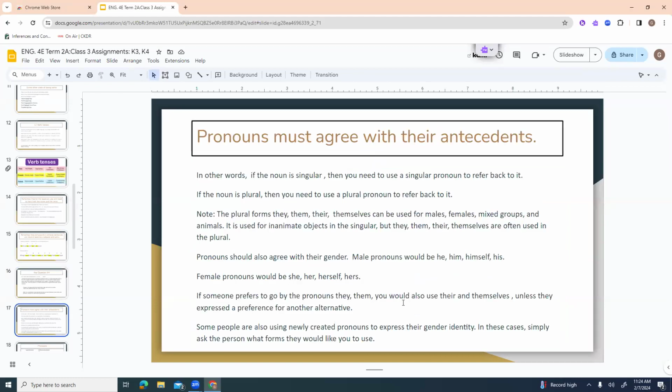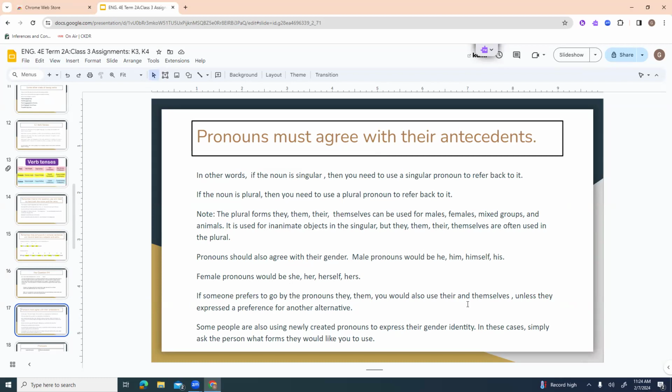All right. So what we were talking about, pronouns must agree or essentially be the same as their antecedents. So if a noun is singular, you need to use a singular pronoun to refer back to it. And then if the noun is plural, you need to use a plural pronoun to refer back to it.